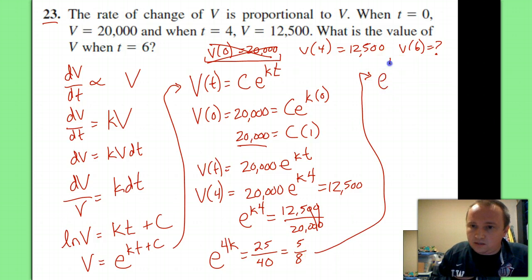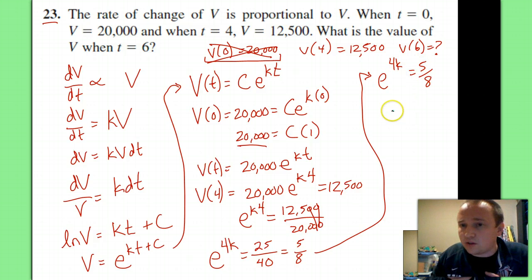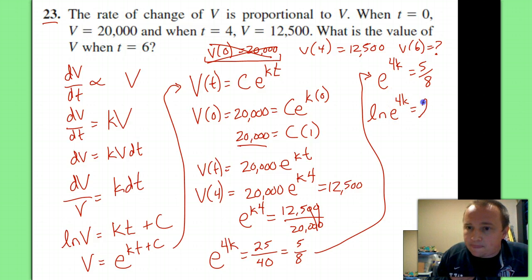So I've got e to the 4k equals 5/8. How do I solve for k? Take the log of both sides. And so I now have 4k equals natural log of 5/8. So k equals 1/4 natural log of 5/8.